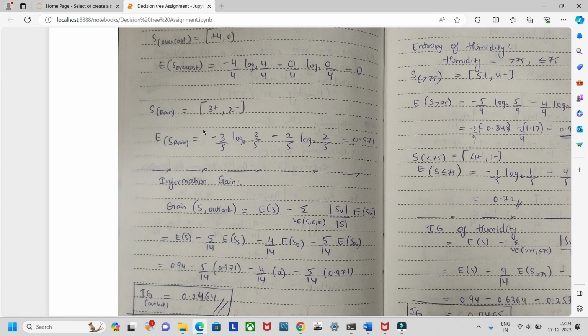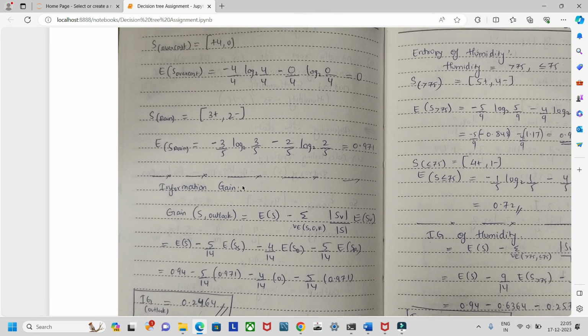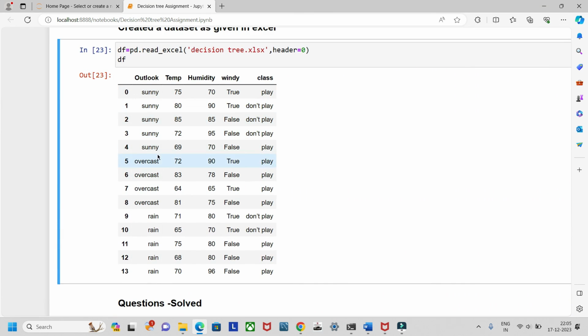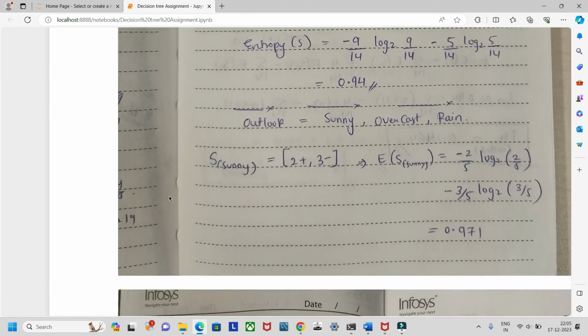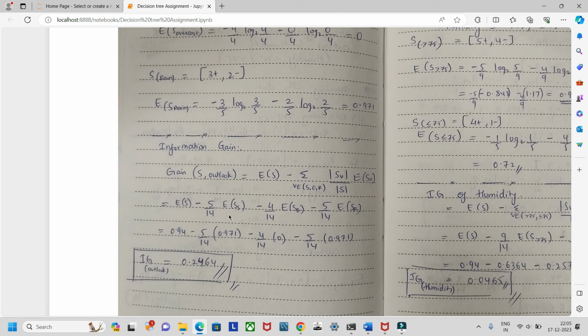Now, to calculate information gain, you take the entropy of the entire data set minus the summation of the weighted subsets. The occurrences are 5 sunny, 4 overcast, and 5 rain, out of a total of 14.